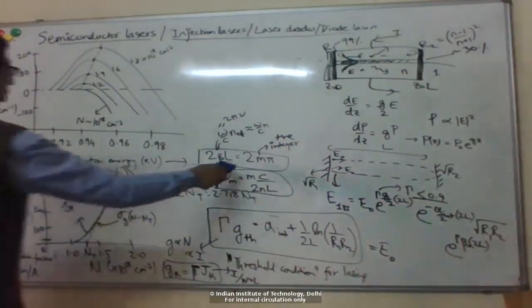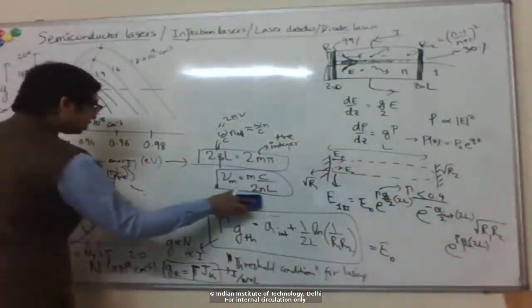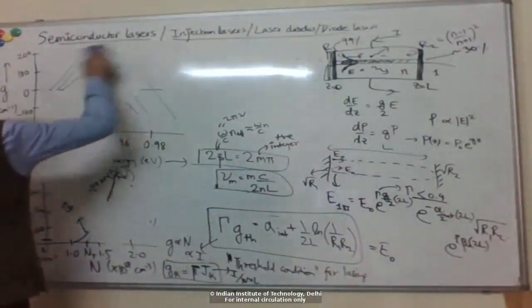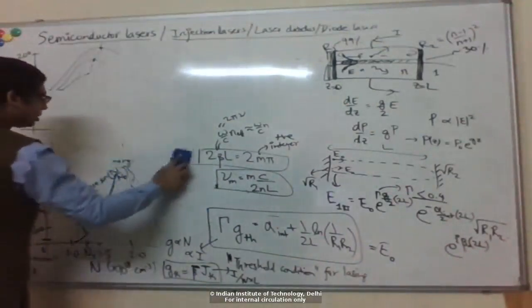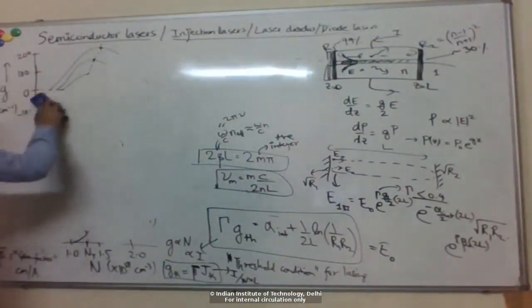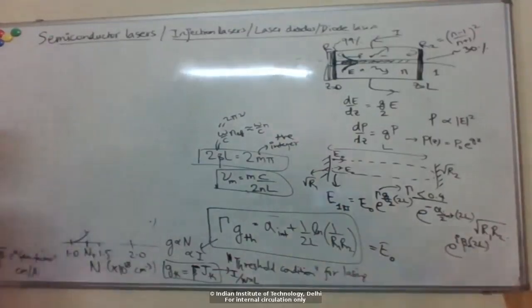Right. So if you look at this phase condition here, what we talked about is that we have this continuous gain bandwidth, but within that only discrete frequencies satisfy this phase condition.